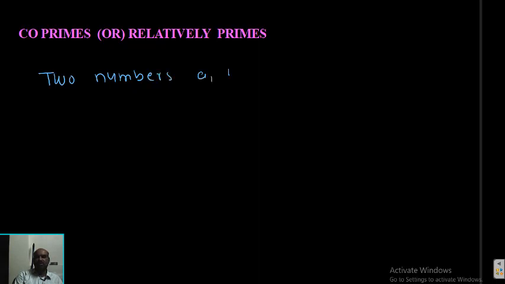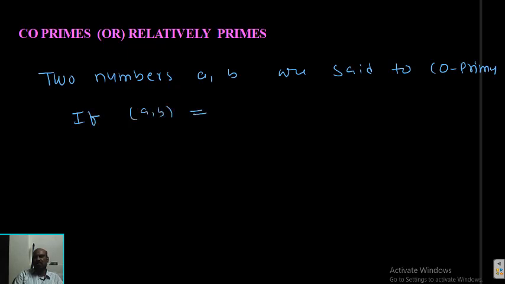Numbers A, B are said to be co-primes if GCD of the ordered pair A, B equals 1. What is the meaning of that? The GCD of those two numbers is 1. Any two numbers are given; if their GCD is 1, they are said to be co-primes. The numbers need not be prime numbers. That is the important thing.